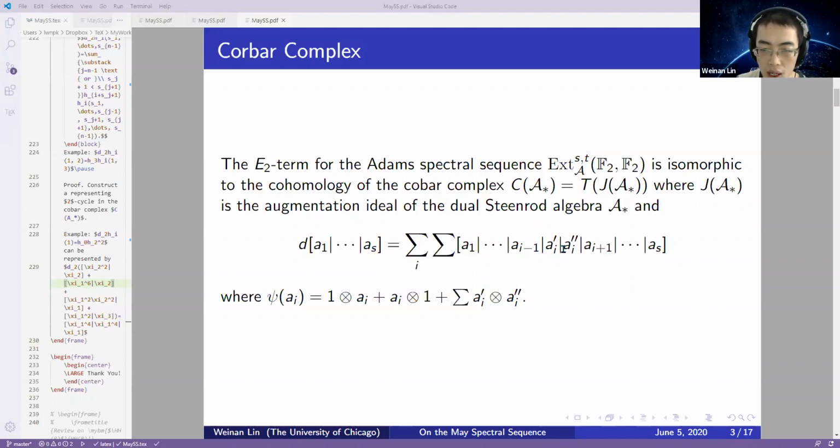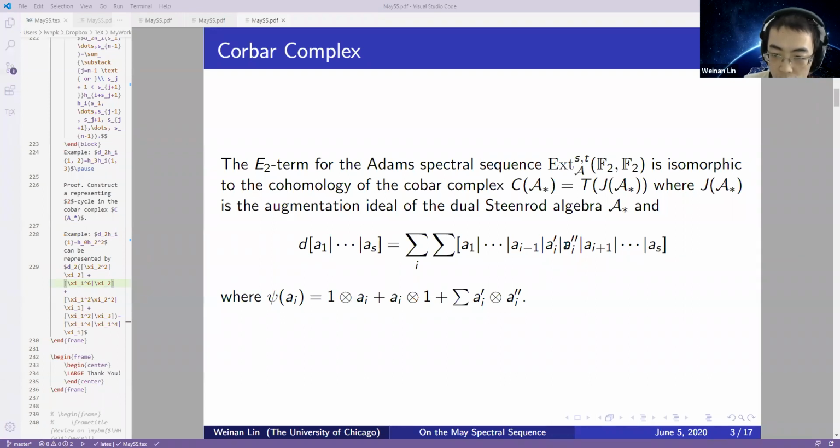So you break a_i into 2 tensor summands, which are the summands of the diagonal coproduct of a_i. And here, because I'm considering the augmentation ideal, I ignore the 2 trivial terms.